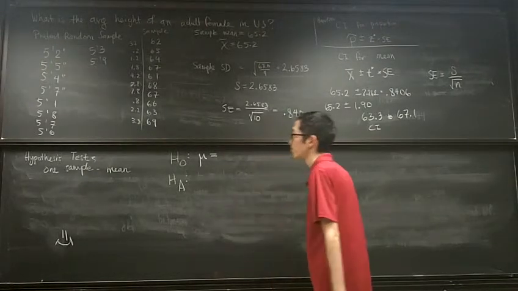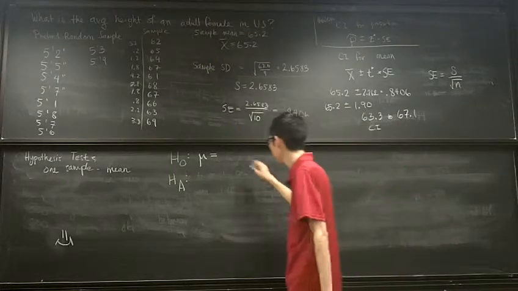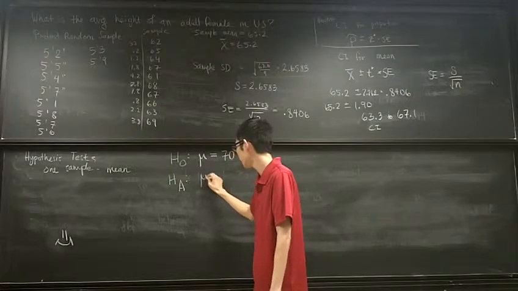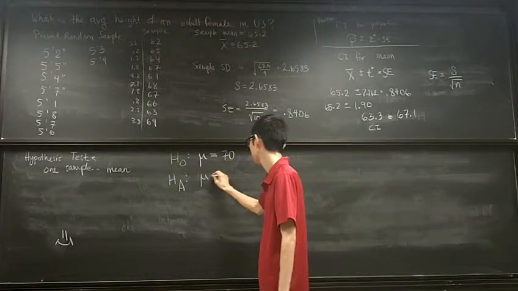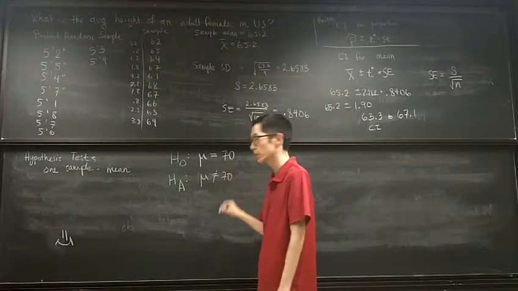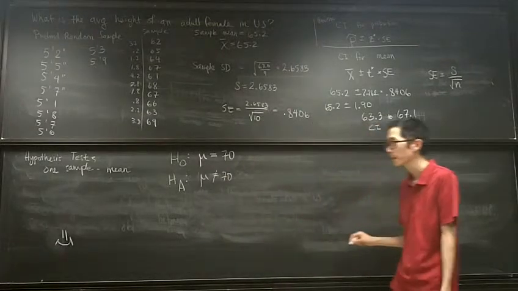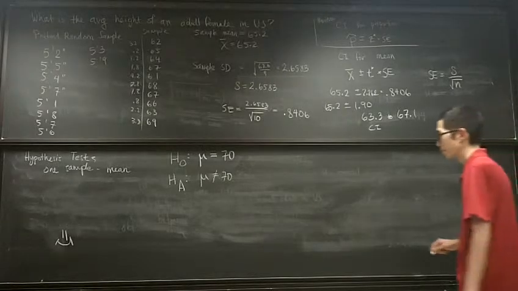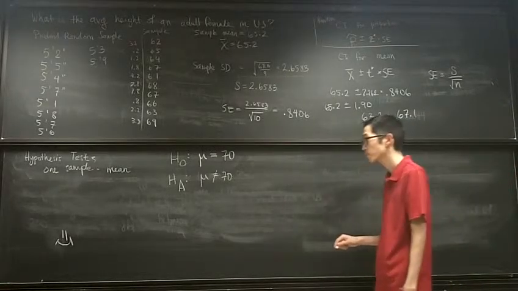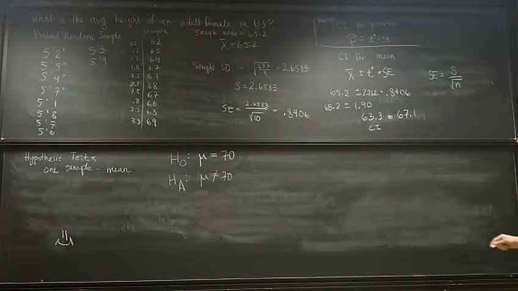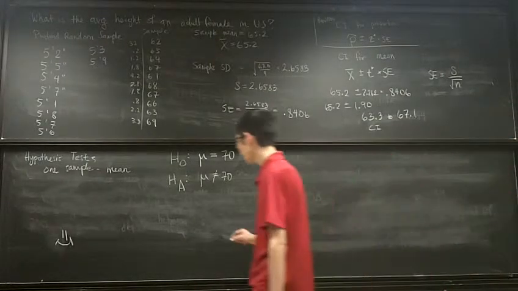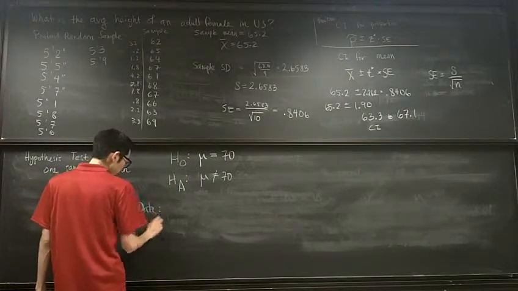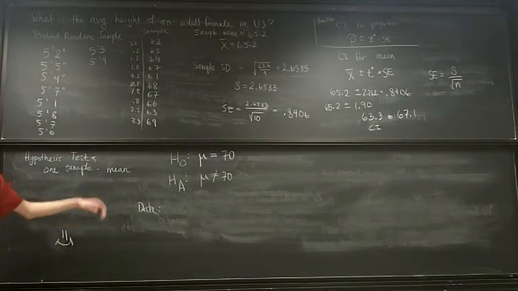So let's say mu is equal to 70. And then the alternative is that mu is maybe not equal to 70. That's our alternative. Then your data, depending on the problem, may say something like this.